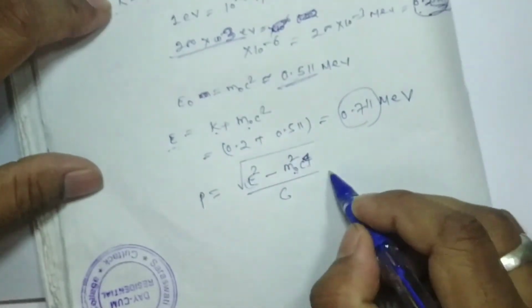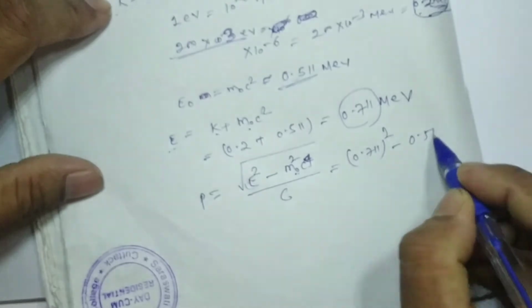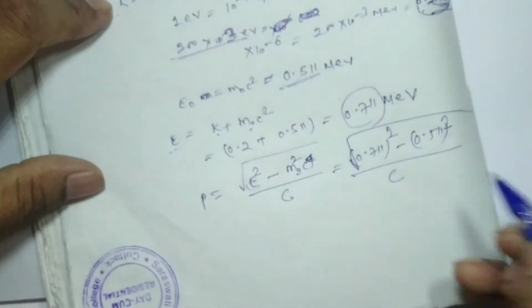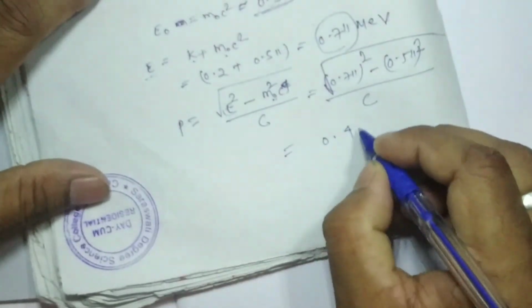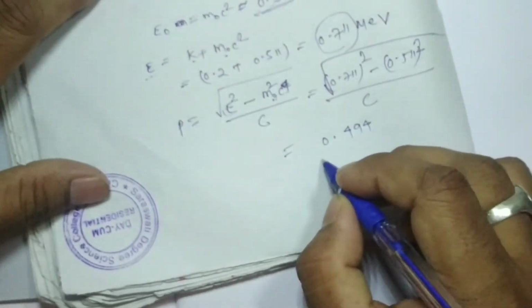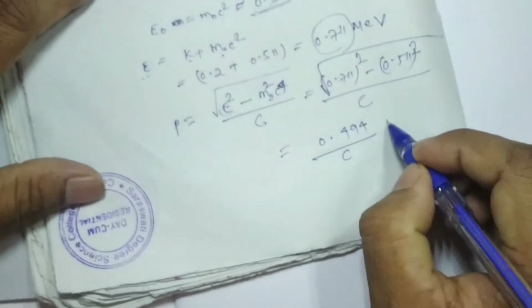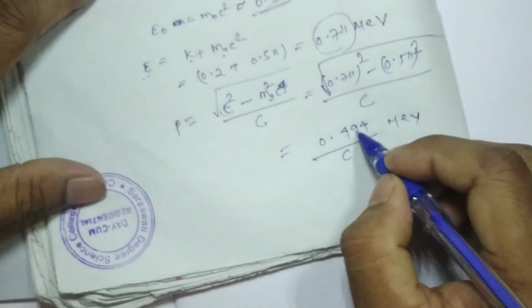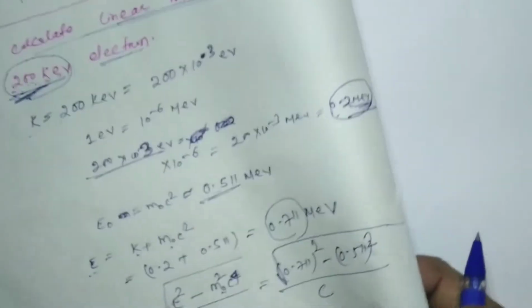So here I can put the square root of 0.711 square minus 0.511 square, over c. You can calculate it in rough, and at last we find approximately 0.494 by c mega electron volt as the answer.